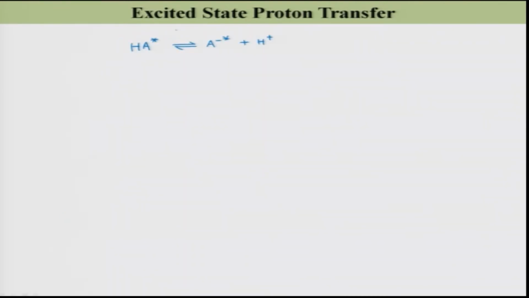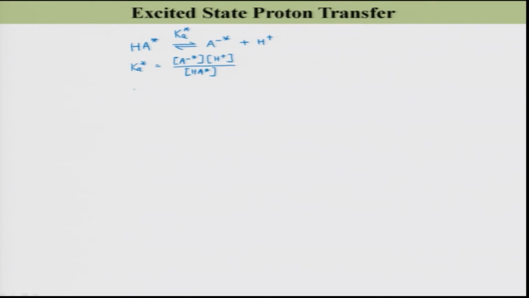So, I can simply write this equilibrium constant K, but as it is in the excited state, I will write K A star, right. So, K A star is equal to the concentration of A minus star times the concentration of H plus divided by the concentration of HA star. Again, to tell you that these concentrations are equilibrium concentrations.